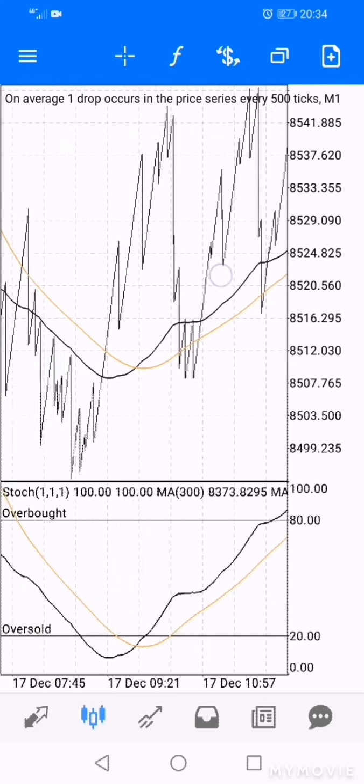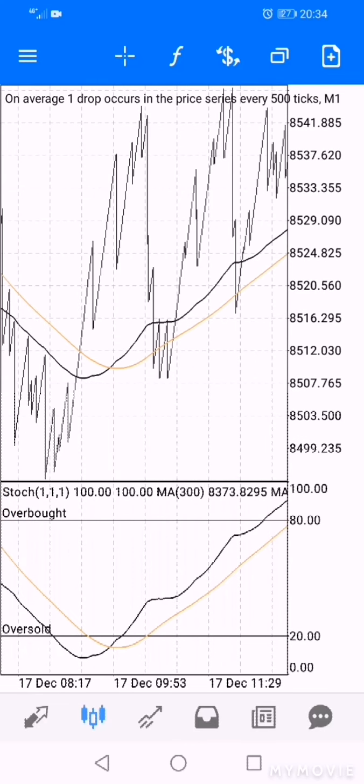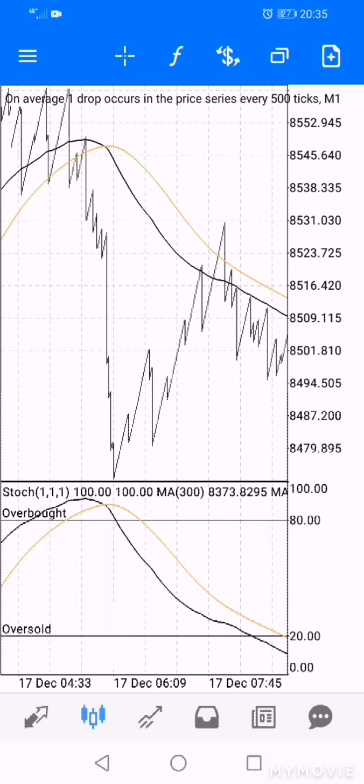When it crosses below the 20 line, you are going to buy. So the condition: if it crosses above the 80 line, you sell, and you choose when to close, when to take your profit.